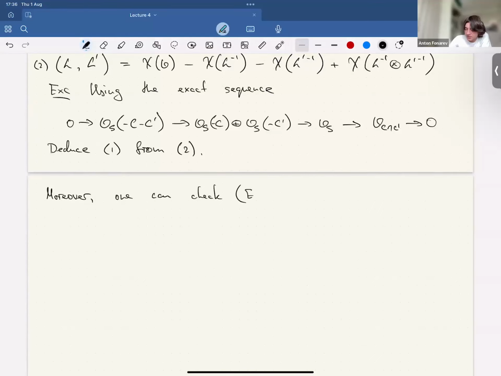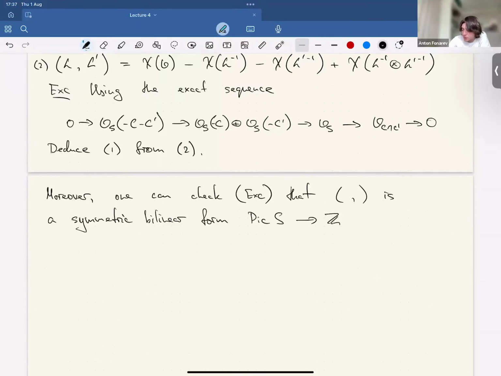Again, this is an exercise, that this product is a symmetric bilinear form going from the Picard group of your surface to, well, again, Z. All right, why do we need this product?